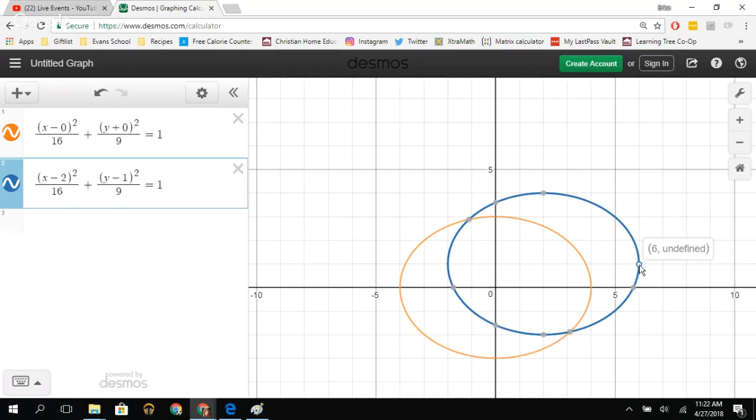But the vertex is actually going to be at 6, 1. Before it was at 4, 0. So you can see that we went to the right 2, so from 4 to 6, and we went up by 1. So we have a vertex at 6, 1 and -2, 1.